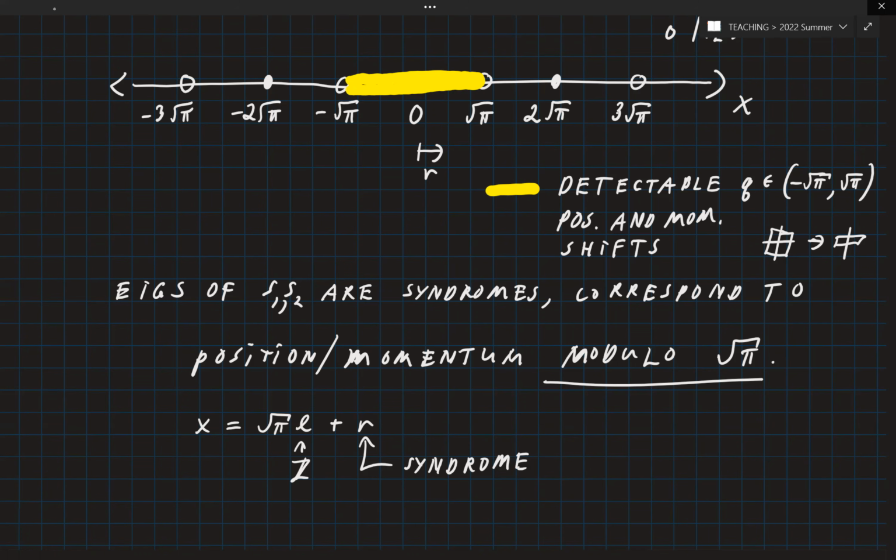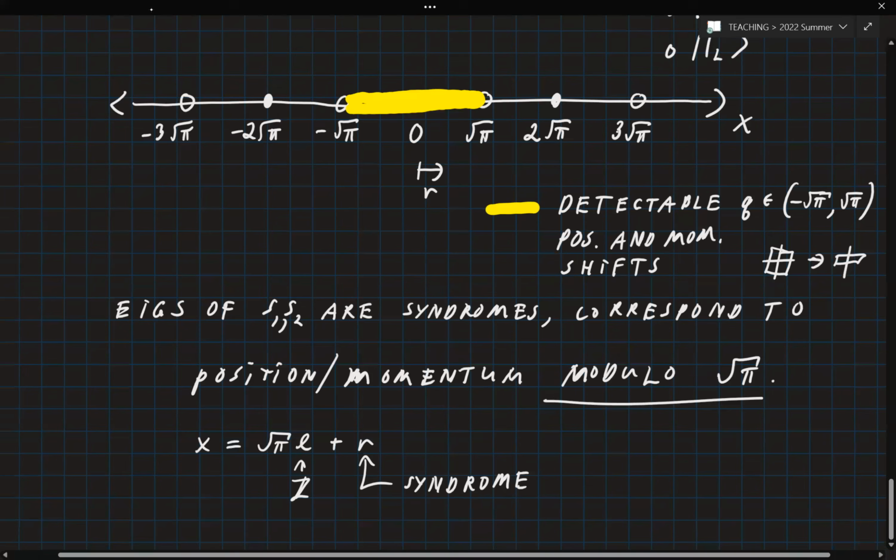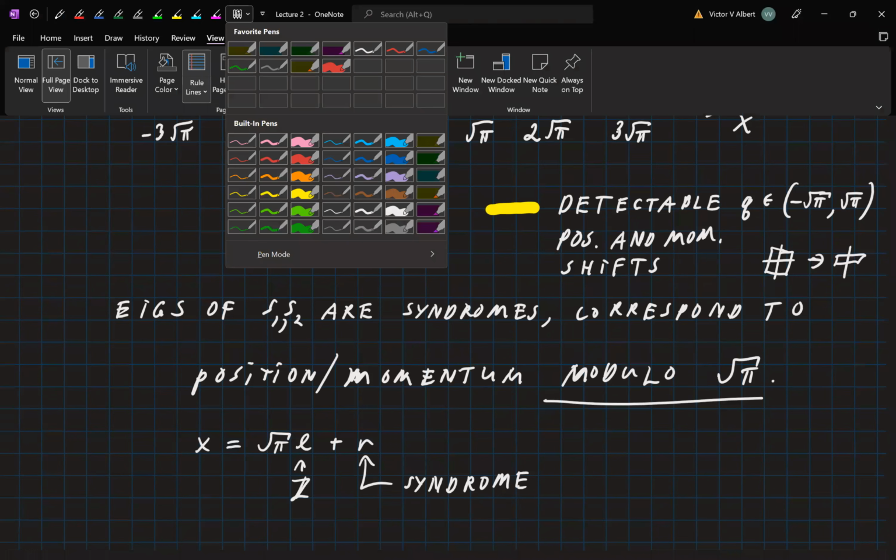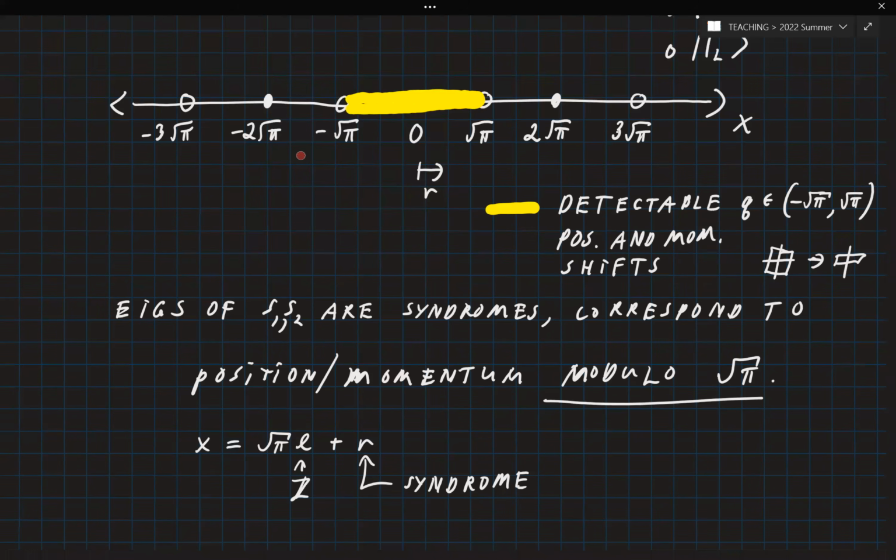However, the eigenvalues of the stabilizers are again modulo 2 pi, but since we care about plus and minus shifts, there's only this many different eigenvalues of S1, and correspondingly S2, that we have access to.